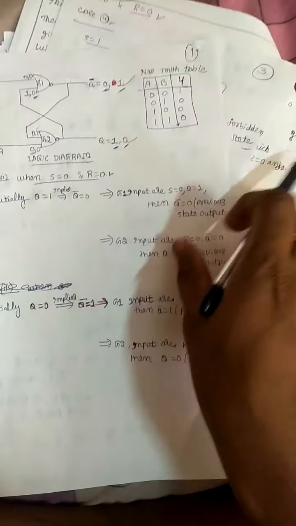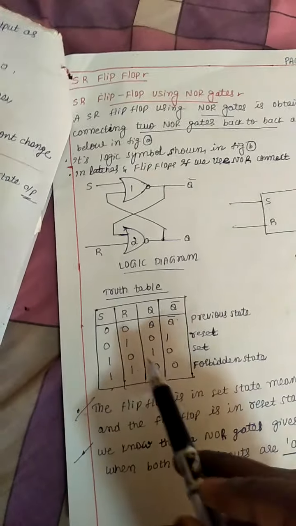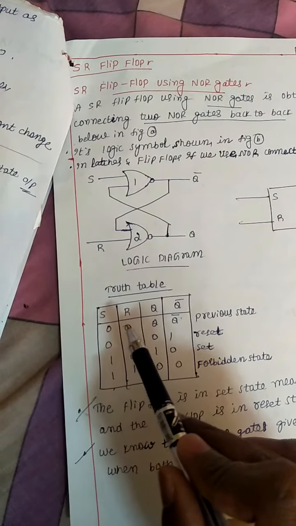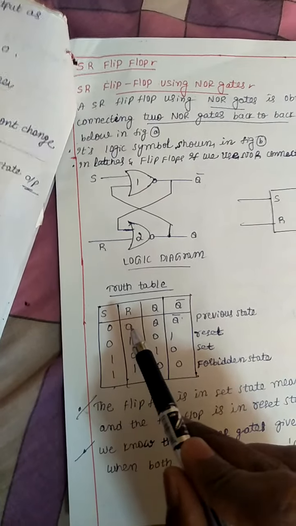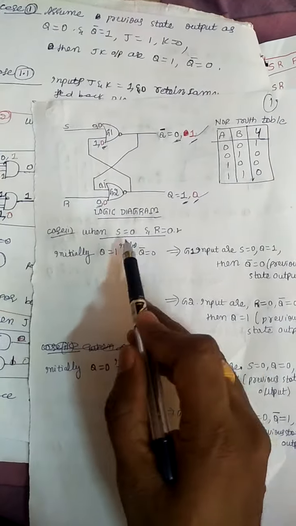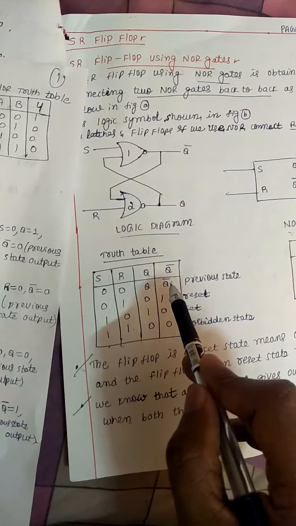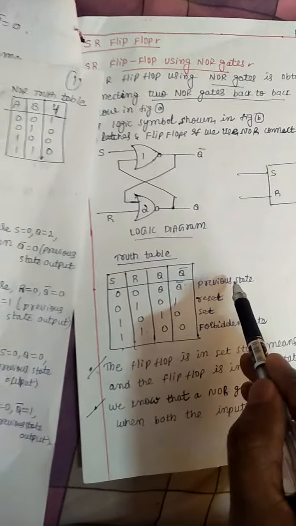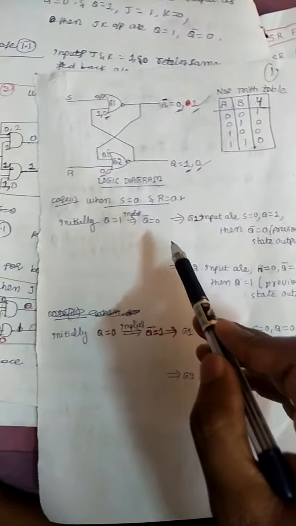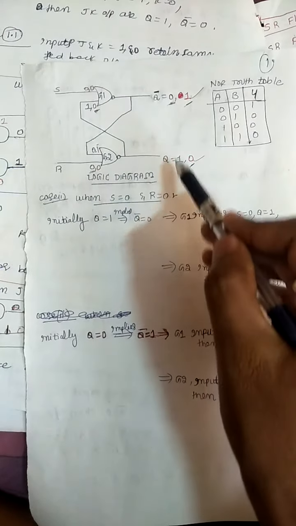Therefore, in the truth table of the SR flip-flop, what I have written here is that if both S and R are 0 0, then the outputs Q and Q bar are the previous state.